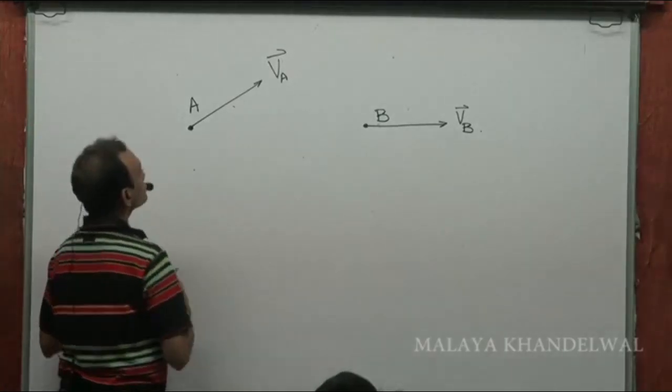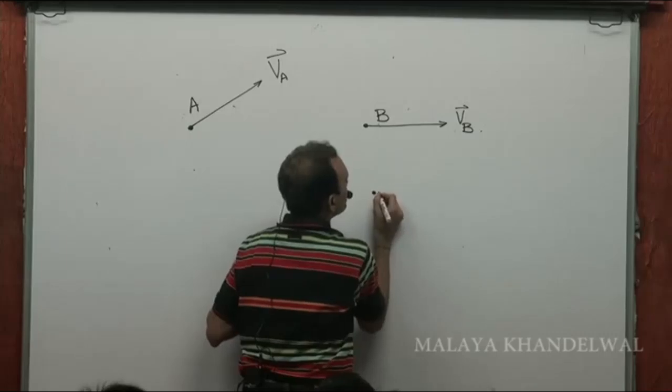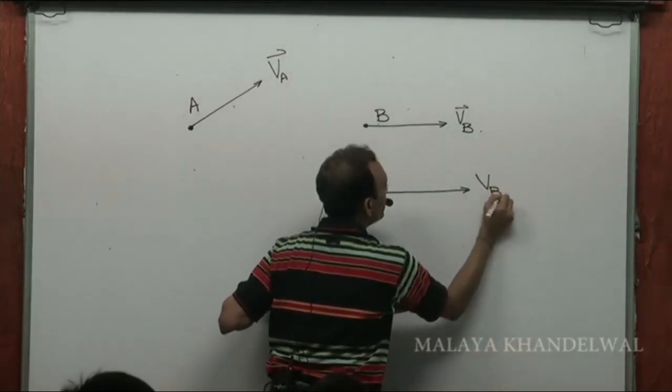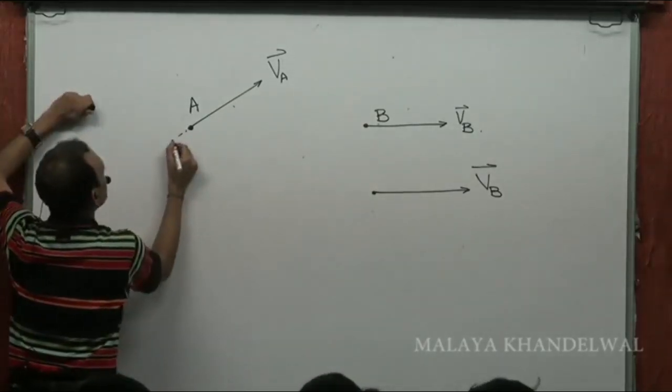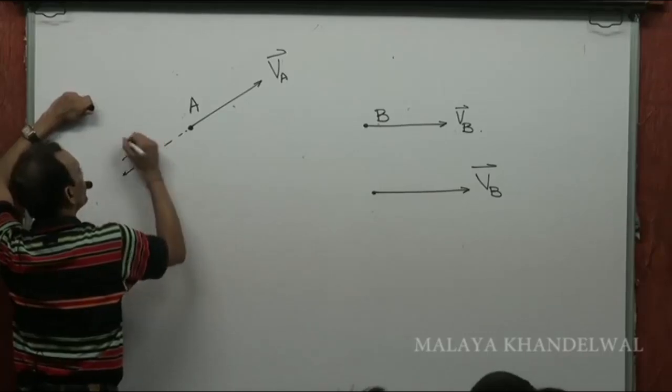Now, which means A perceives the velocity of B as the difference. If this is VB, and if this is VA, then realize that this vector would be minus VA, yes or no?